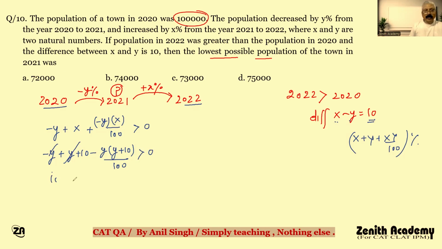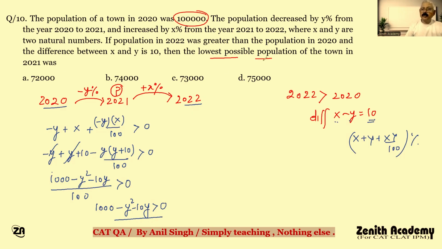This is 10 minus Y times Y plus 10. So LCM will be 100, and 100 into 10 is 1000, minus Y square minus 10Y greater than 0. So finally we have the inequality 1000 minus Y square minus 10Y greater than 0.